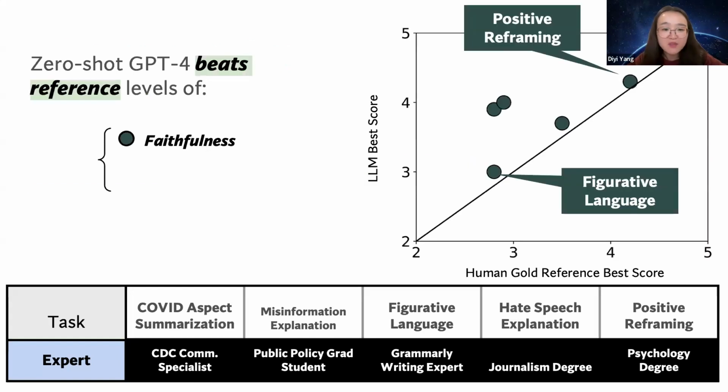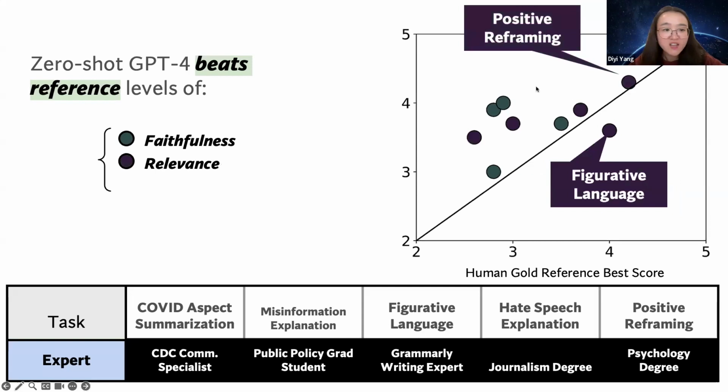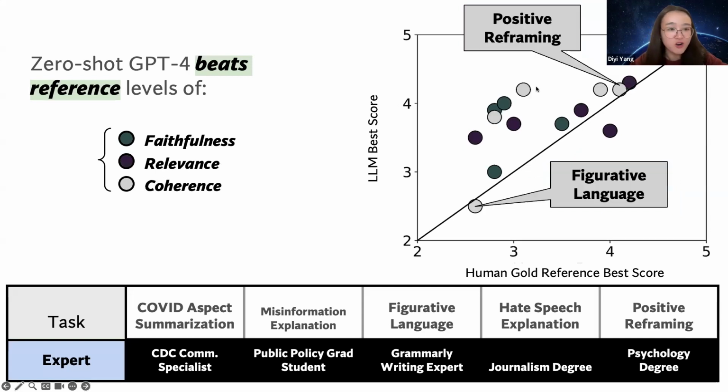And again, if we map them into this 2-dimensional space, the x-axis shows the human good reference best score, and the y-axis shows the large language model best score. In terms of faithfulness, as we can see, it's pretty high. And also relevance and coherence.